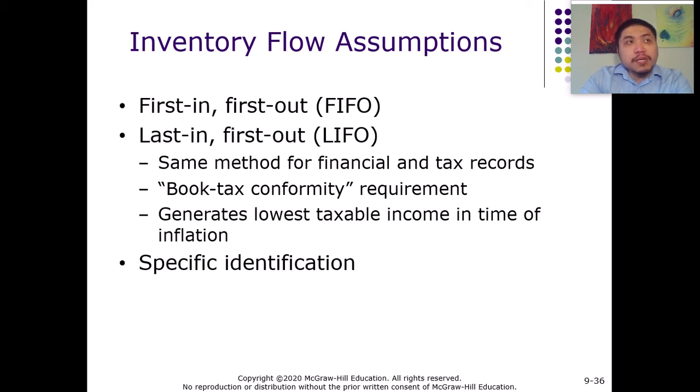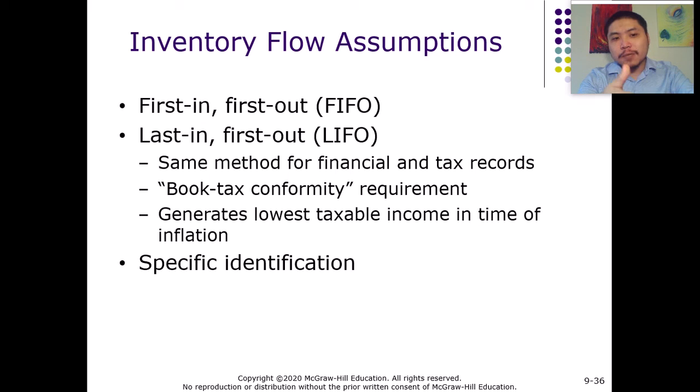So again, if you remember the benefit of FIFO and LIFO, right? When the cost of the inventory is increasing or inflating, FIFO is going to give us the highest income, and LIFO is going to give us the lowest income, right?